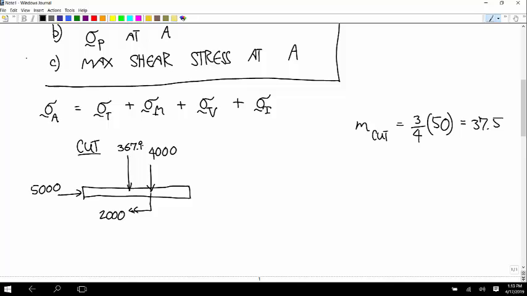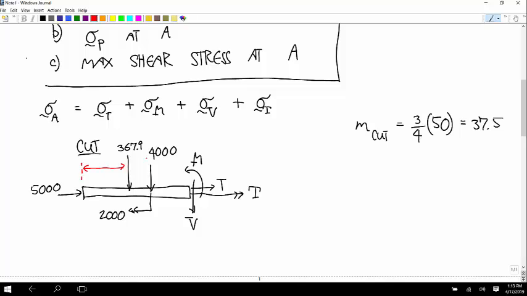Yes, that's right. Okay, and then we have the internal loads: tension, shear force, bending moment, and torque. And what's the distance from the left end to where the weight's applied?